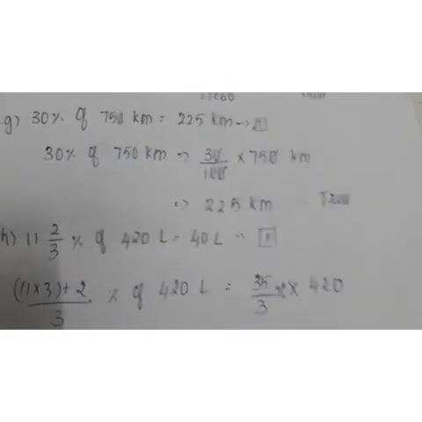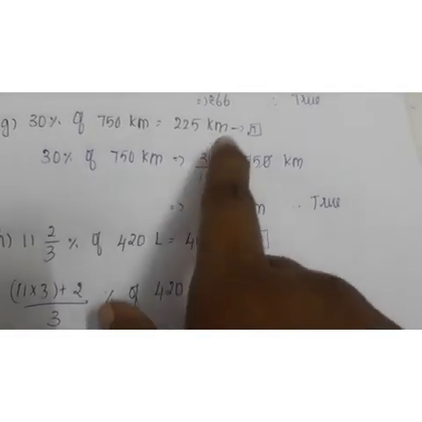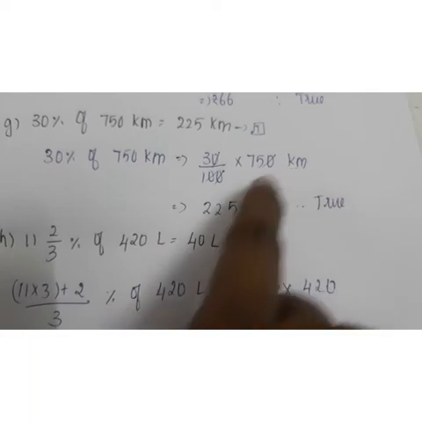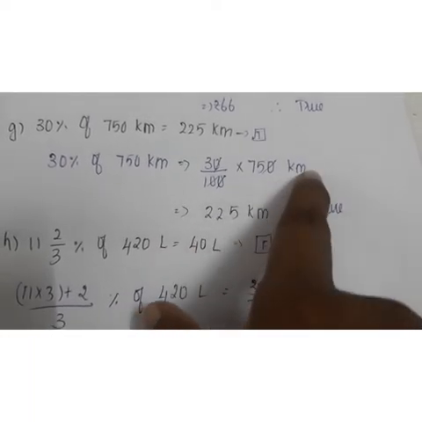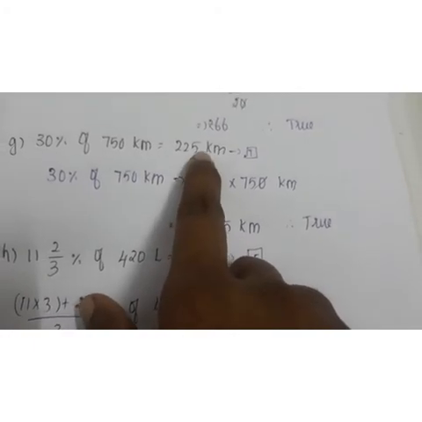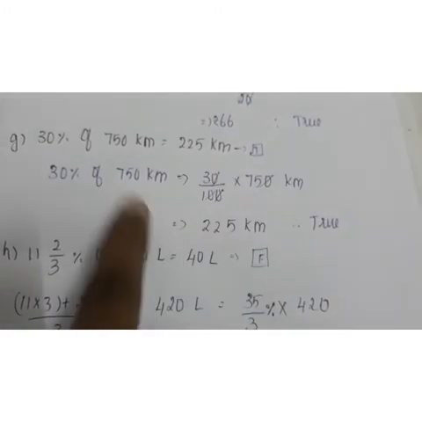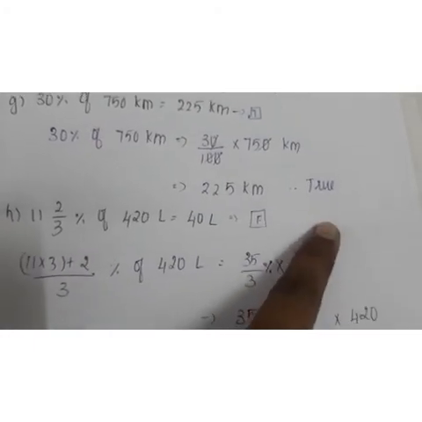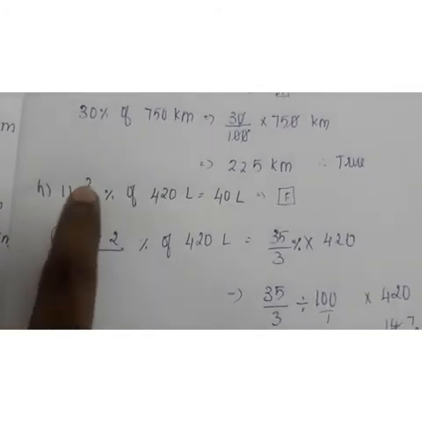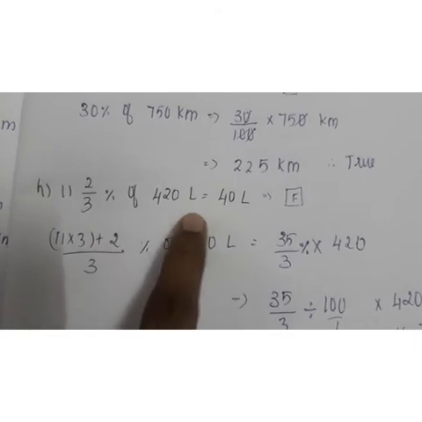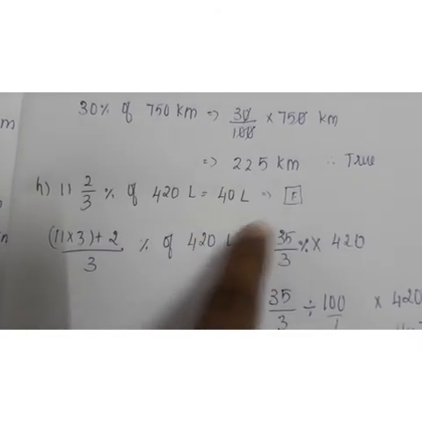Then here also this 0 and this 0 will cut. Then 3 multiplied by 75 is 225. Okay, so 225 kilometer. So here also you got the same on the right hand side, so both are equal, so the statement is true.